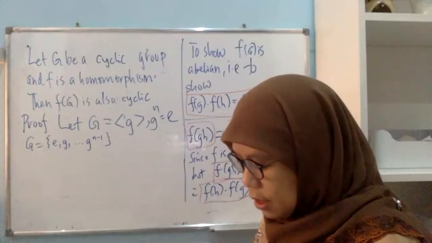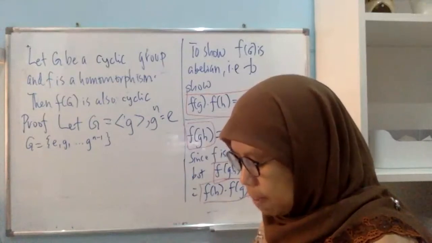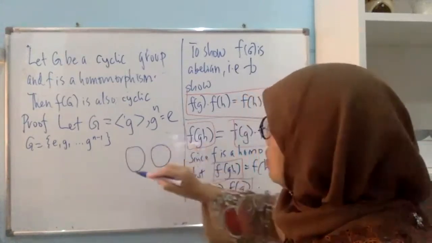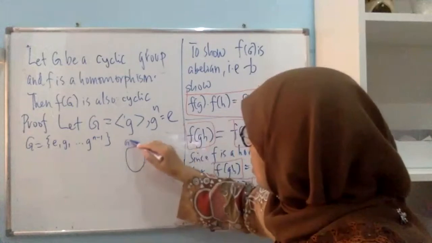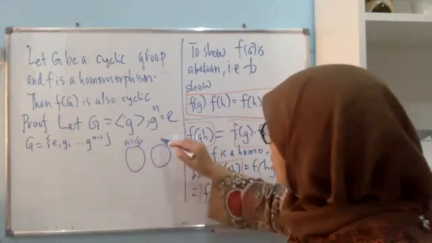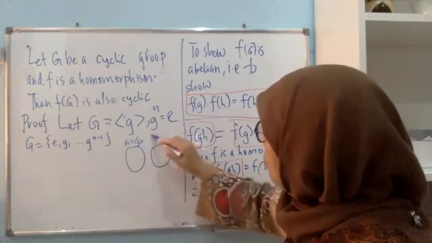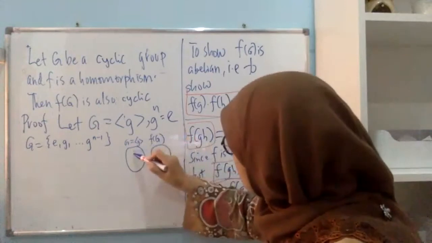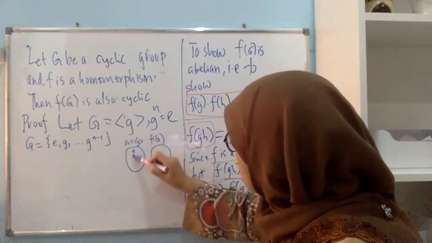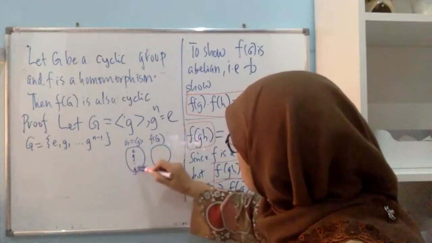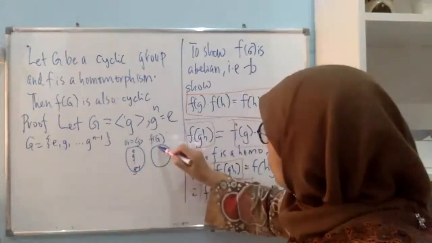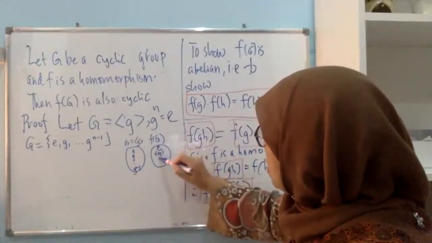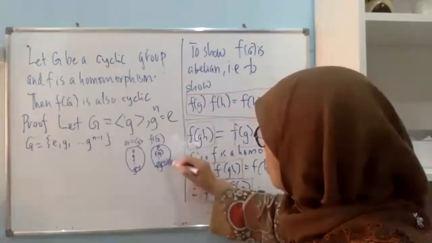Now, suppose I have, okay, so G is cyclic. This one is the homomorphic image, f of G. You will have e, g, until g to the n minus 1. You will have also e here. For this one, you have f of g until f of g to the n minus 1.